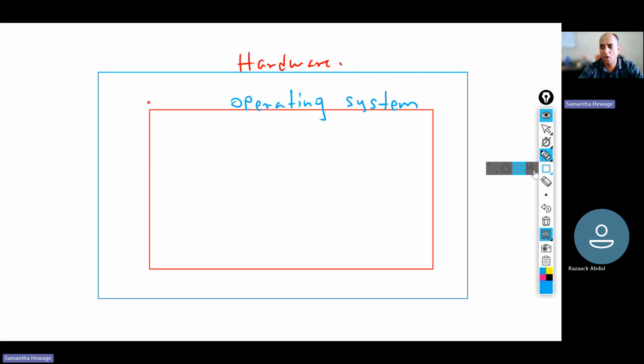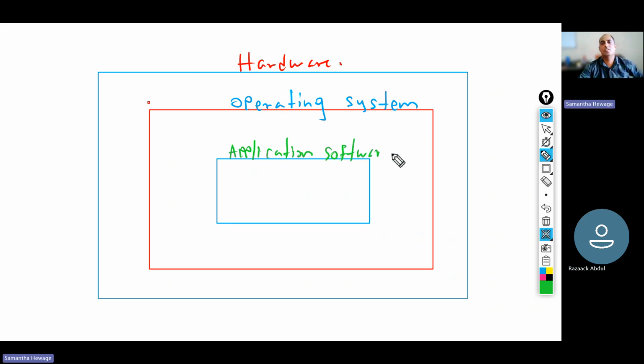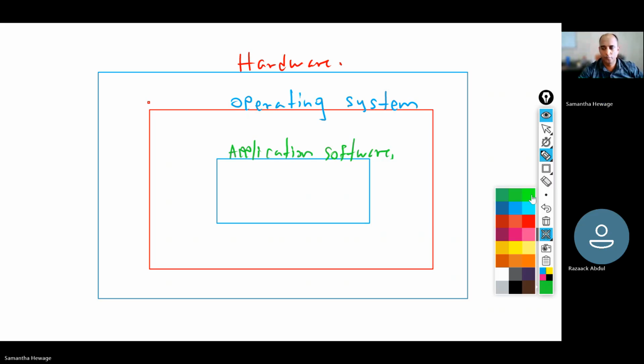Then again, I have to install application software in the middle. We have application software. So this relationship you should know.